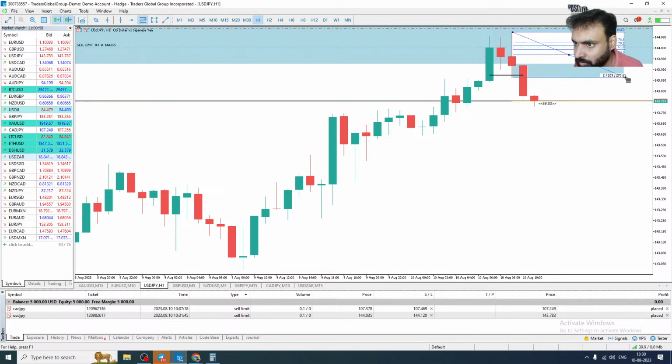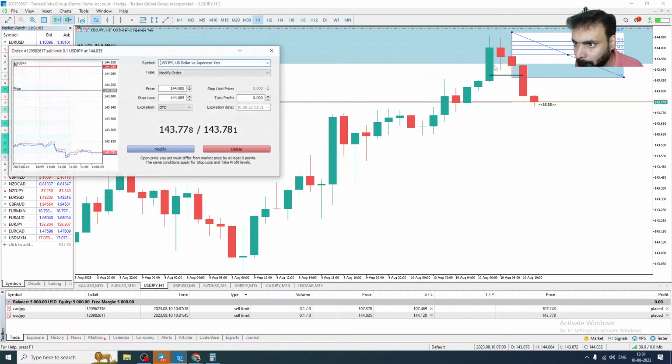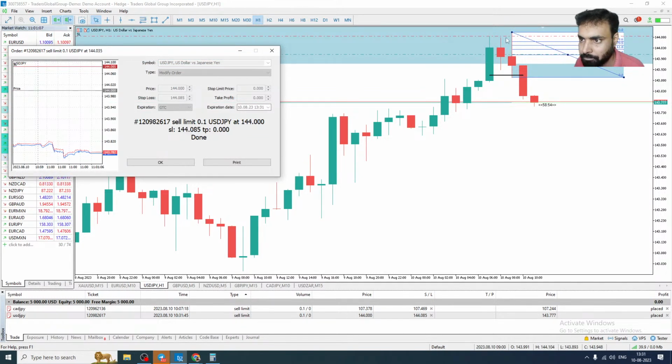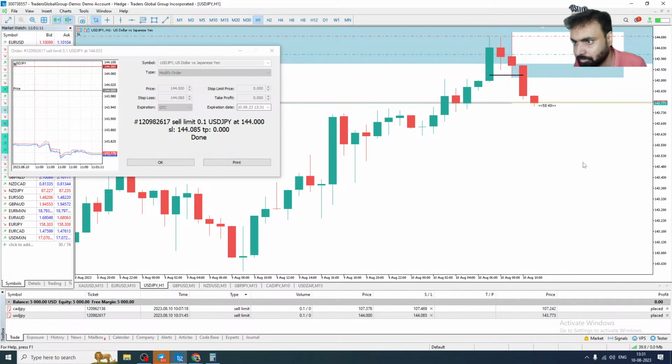So this is the 50%. The middle one is a 50%. Let's keep the stop loss same. Stop loss is 590. That's same.